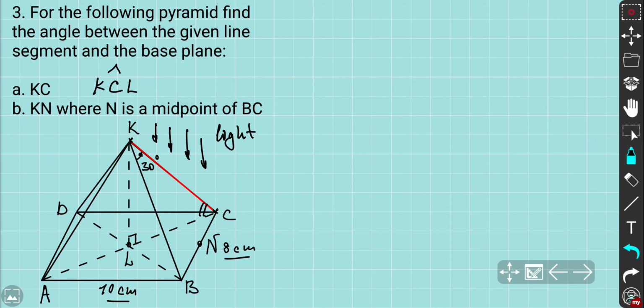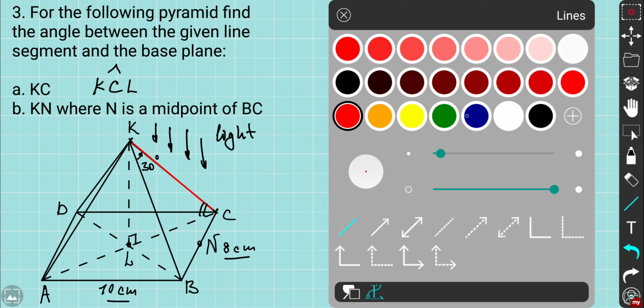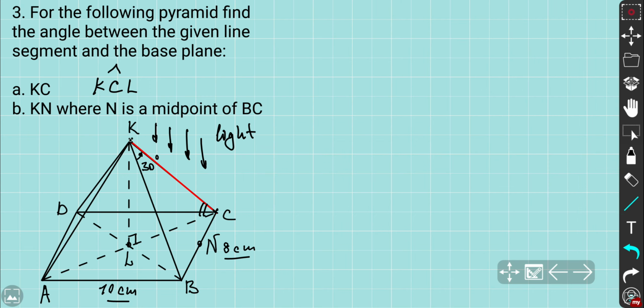So first, let's figure out the slant height. I use the green one and draw the slant height down until it splits the segment BC at the midpoint. So KN, where N is the midpoint of BC. In this case, this angle becomes 15 degrees.